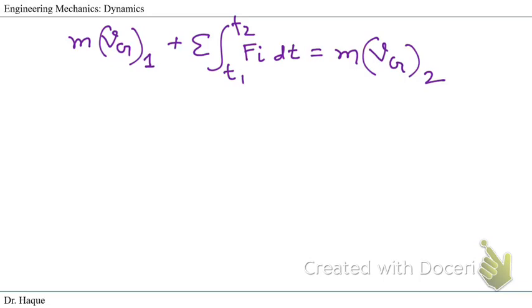This is the equation of the principle of linear impulse and momentum for a system of particles that constitutes a body.